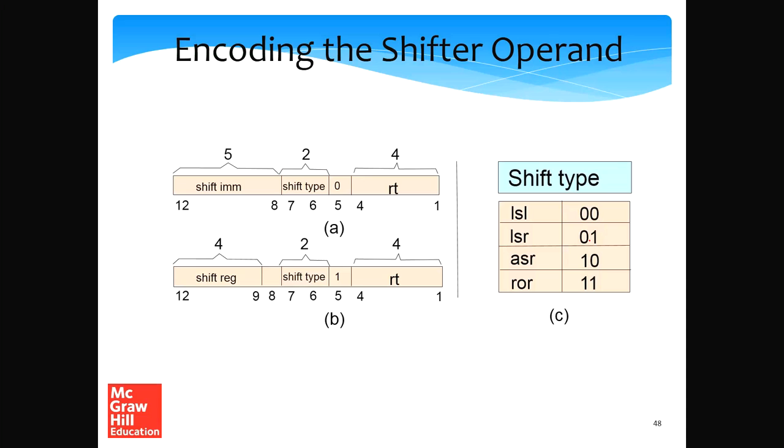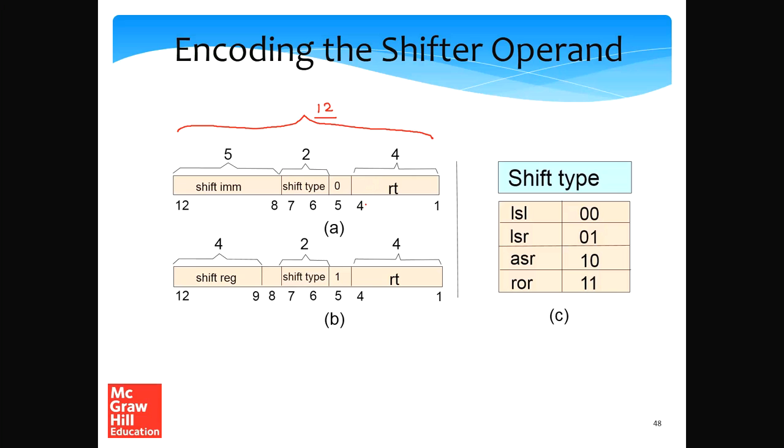Alright, so let's now look at encoding the shifter operand. If we are not using an immediate, yet we are using a register that can possibly be shifted, then let's look at how to do it. We have 12 bits, and there are essentially two options.